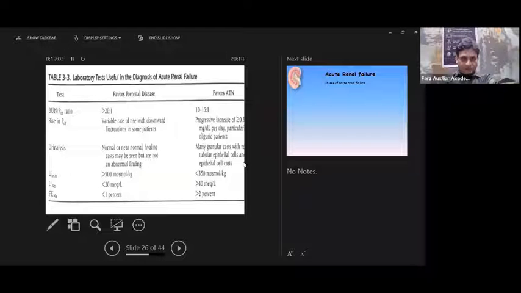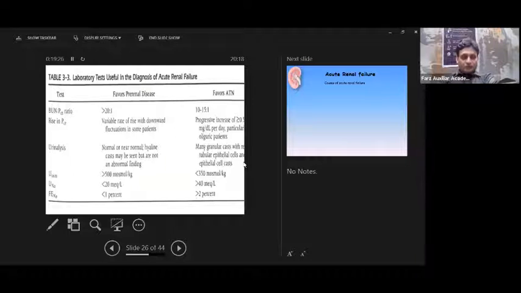suggests ATN. If on urinalysis we see muddy brown casts or renal casts, they suggest ATN. Then urine osmolality in prerenal failure is about 500 milliosmol per kg, and less than 350 suggests ATN.